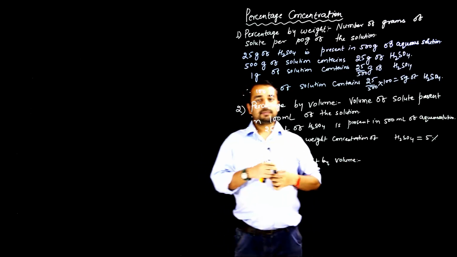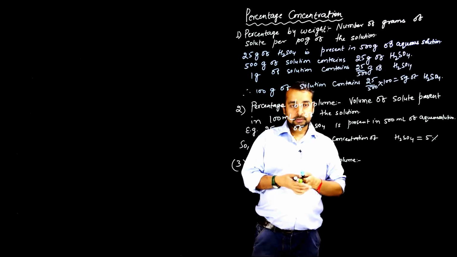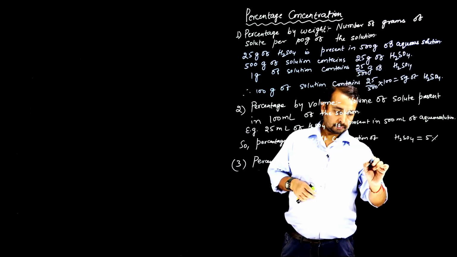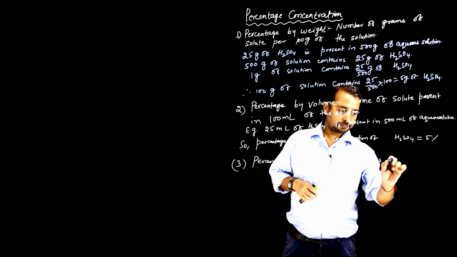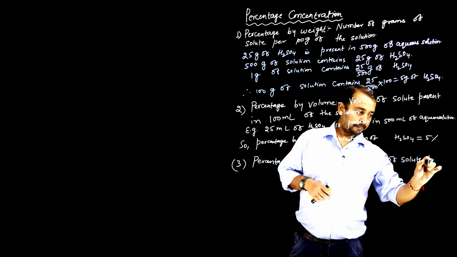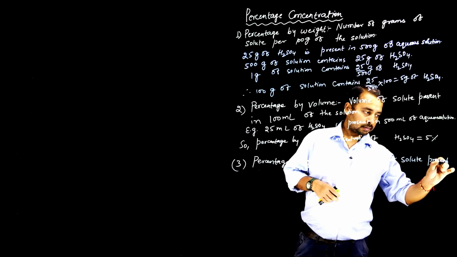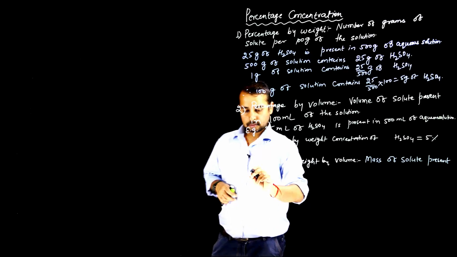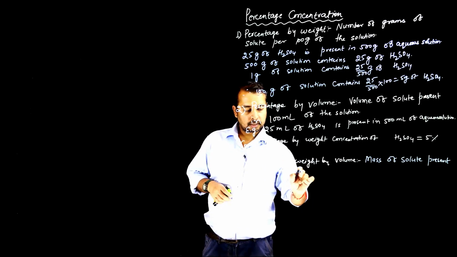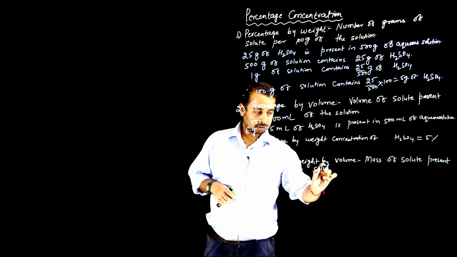So percentage weight by volume is defined as the mass of solute present in 100 ml of the solution.